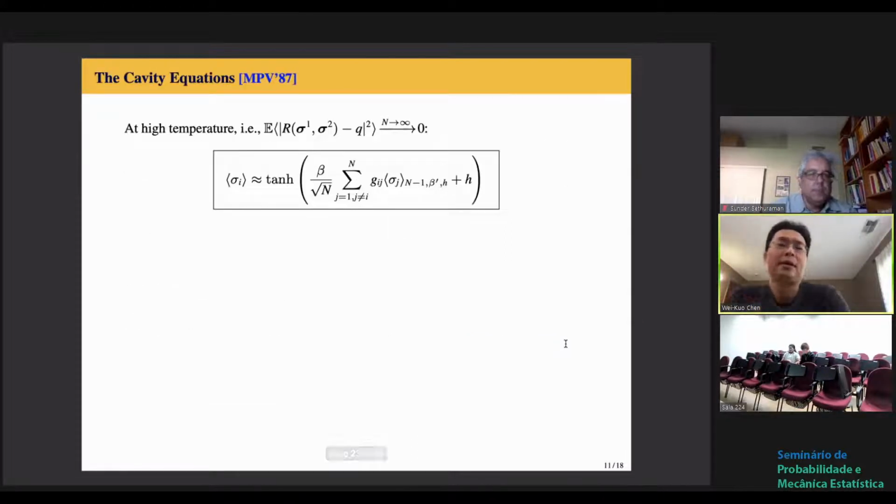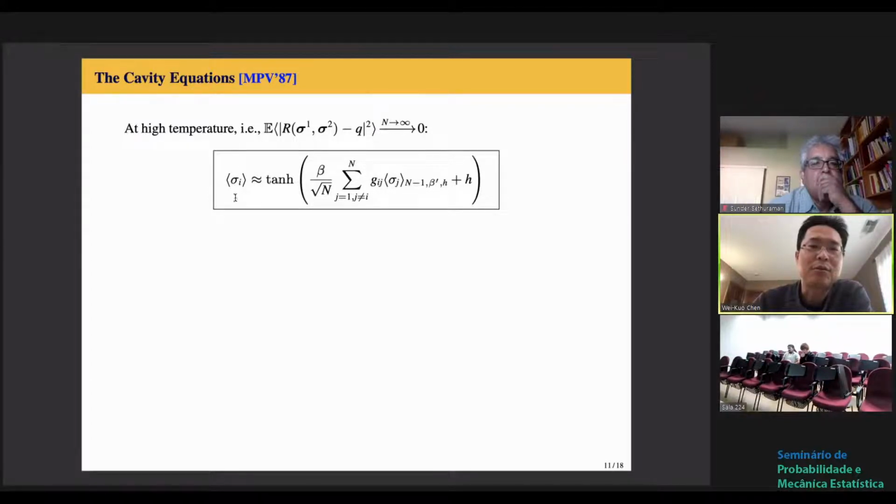So the cavity equation is this. Don't worry about this condition. What it says is that this is the local magnetization of the i-th spot, and remember, this angle bracket means the size of the system is n. My right hand side here is not the same as the TAP equations.